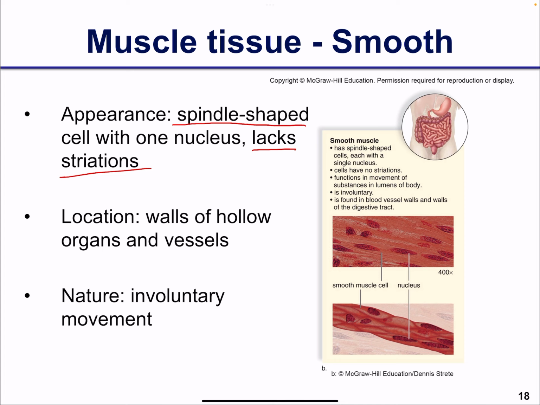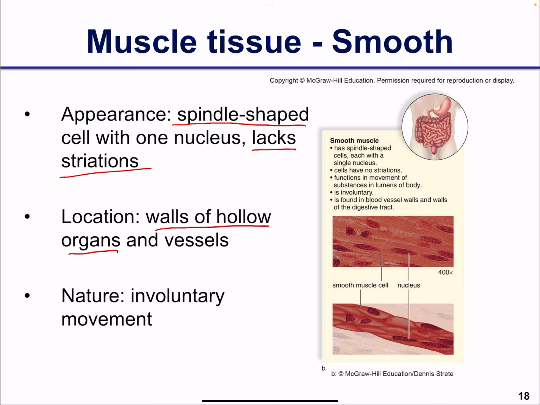Where are you going to find this type of muscle? They're going to be found in the walls of hollow organs such as blood vessels, the digestive tract, the lymphatic vessels, to name only these organs.